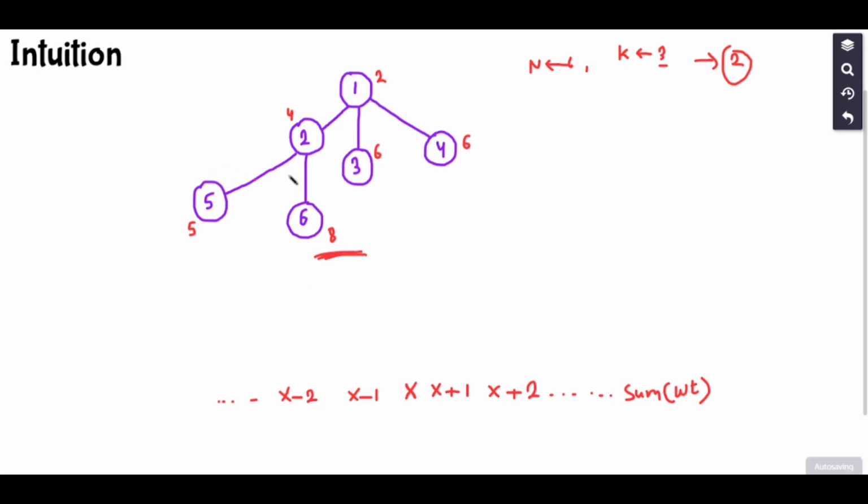Even if we partition this tree of 6 nodes into 6 different components, then the maximum weight that we can have would be the maximum of all the weights from the nodes, and that would be this one in this case. So the left extreme would be max of the weights array.